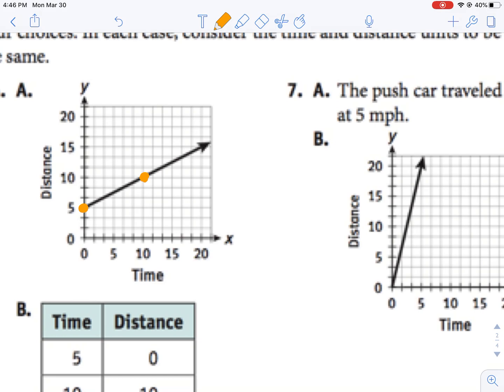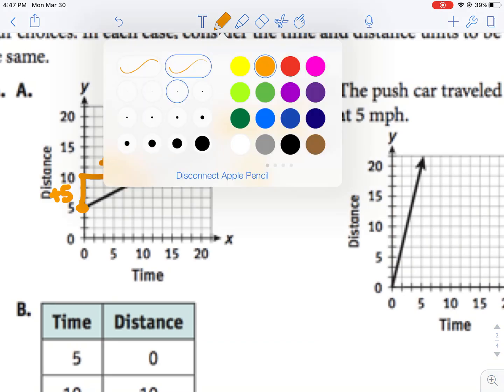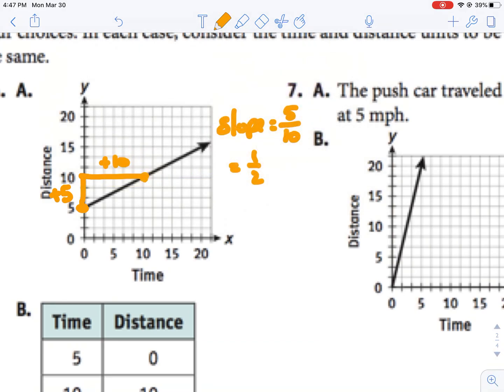So if I find my slope, remember it's the change in y. How far does it go up? It goes up from 5 to 10, so that's a positive 5, and then the change in x is positive 10, or 10 seconds. So here our slope is 5 over 10, which we could reduce to a half.